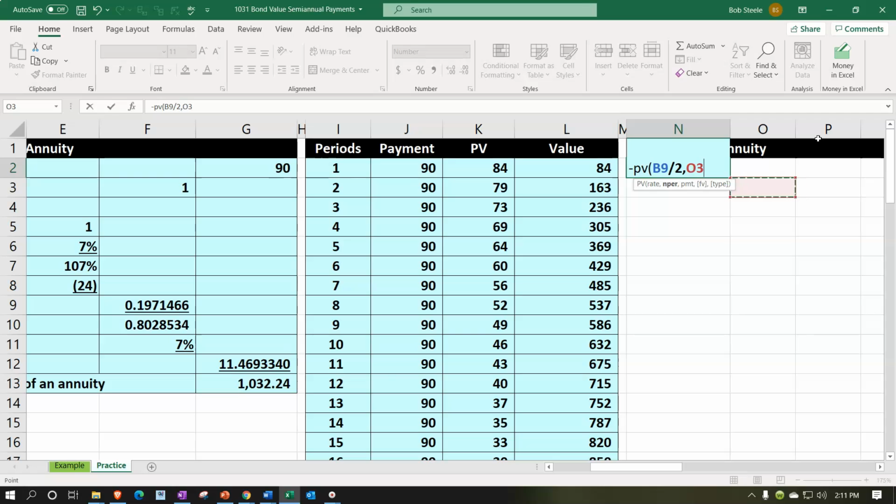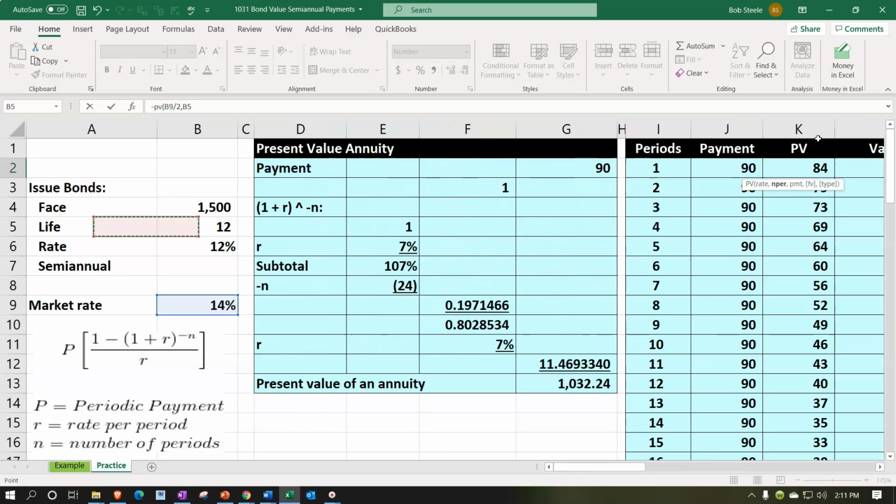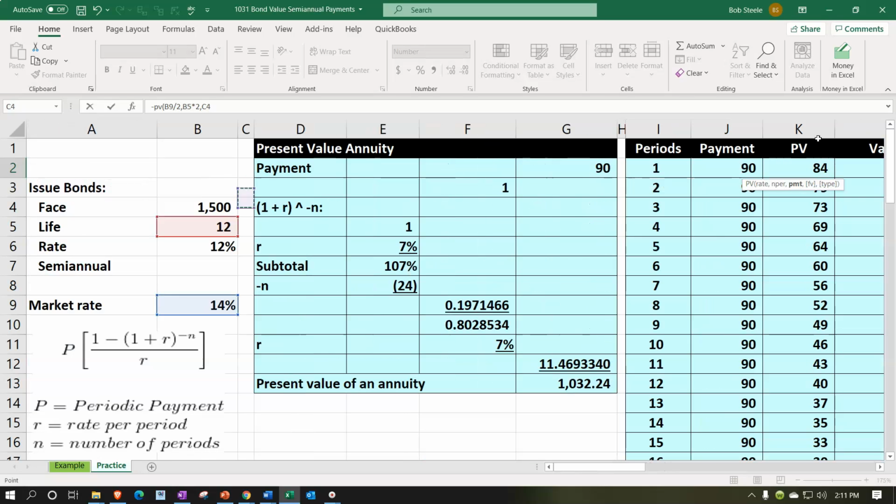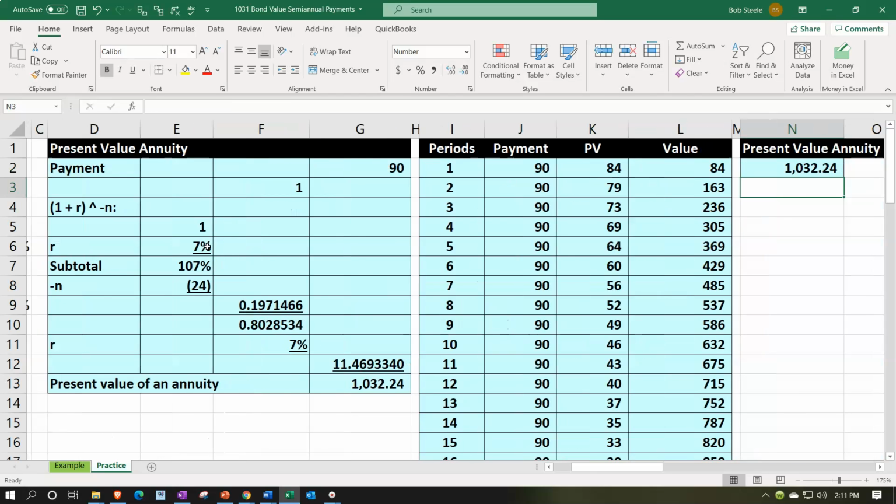Number of periods now is going to be, years would be 12 times 2 for the 24, comma. And then the payment, because we are talking an annuity now, is going to be that $90, which could be calculated as the 1,500 times the amount on the bond, 12%, but then divided by 2, because we're talking semi-annual and that 12% is an annual rate. So that could be a little bit confused. Divided by 2, there we have it.